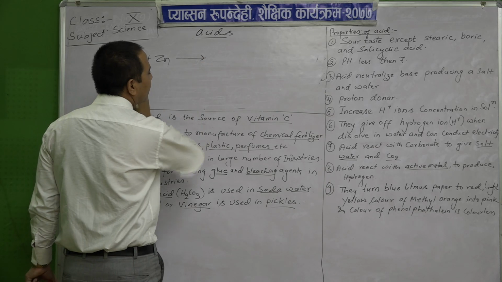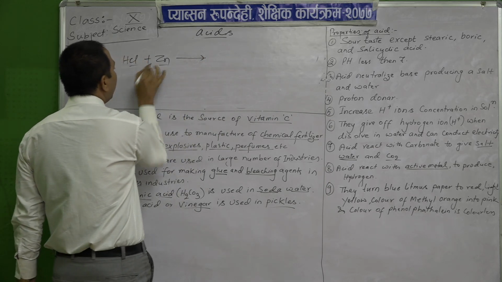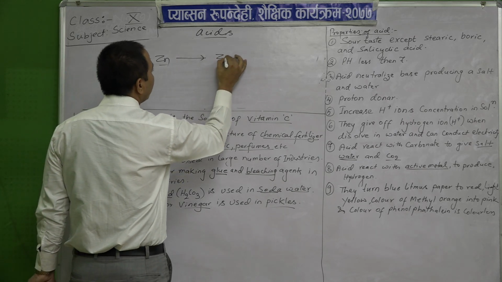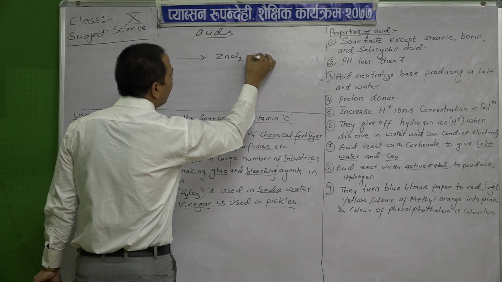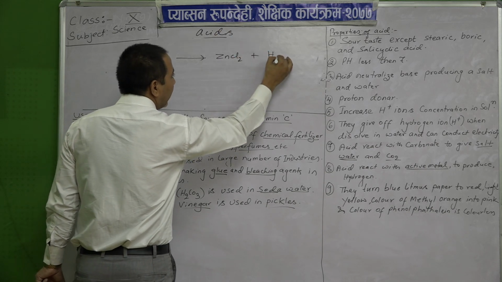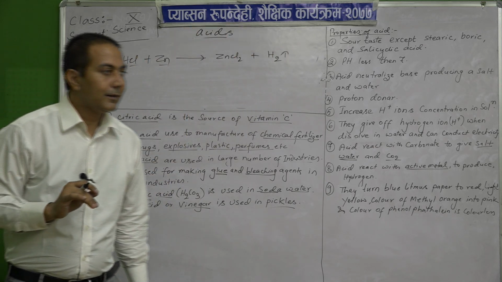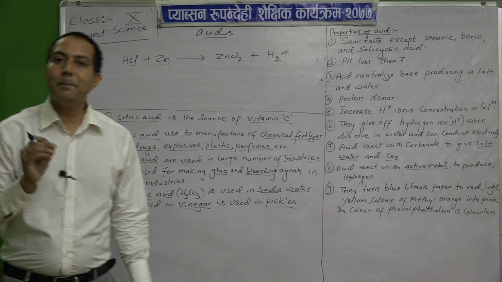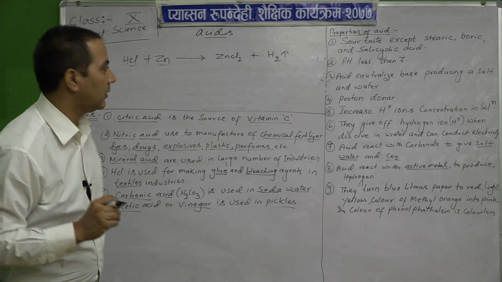We have already studied in chemical reactions that when zinc reacts with hydrochloric acid, it will produce zinc chloride and what? ZnCl2 plus H2 gas. That means that when acid reacts with metal, it will produce hydrogen gas.